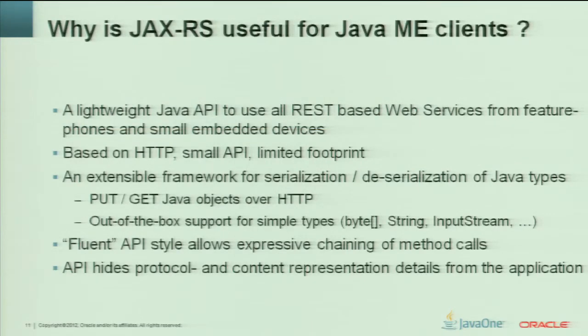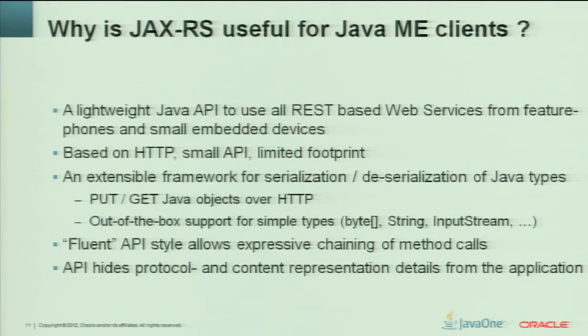Why is JAX-RS useful on Java ME, on a client? First of all, it's a lightweight API. It's simple to use, and it's powerful for using all REST-based web services from a feature phone and from a small embedded device. It's based on HTTP, and it's a small API, as I said before.